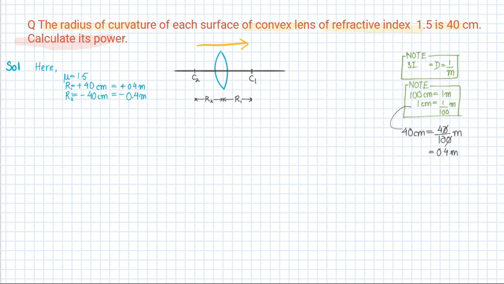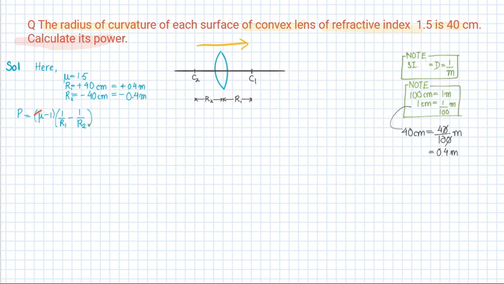Power of lens in terms of refractive index and radius of curvature can be written as P equals (mu minus 1) times (1 by R1 minus 1 upon R2). Now let us substitute the values here.